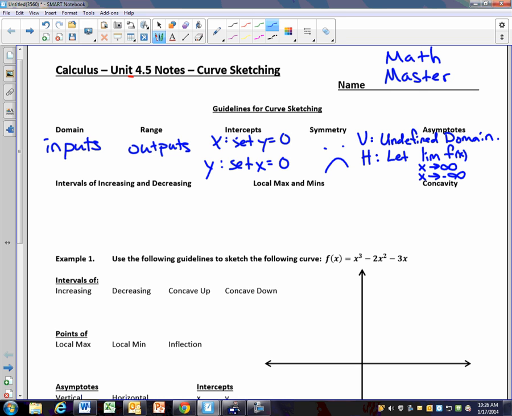And that tells us really not necessarily just the asymptotes, but the end behavior. So sometimes we'll come out with an actual asymptote. Sometimes it just goes off to infinity. Depends on the type of function.